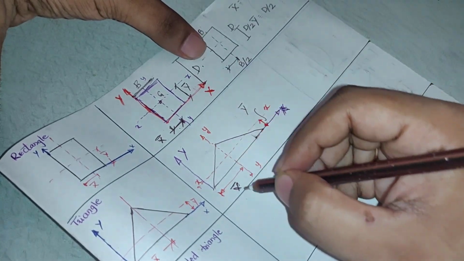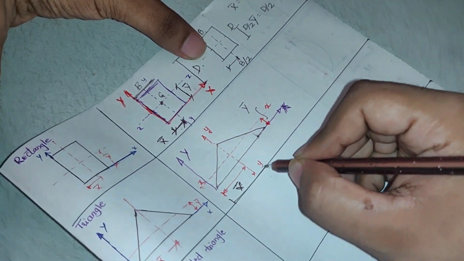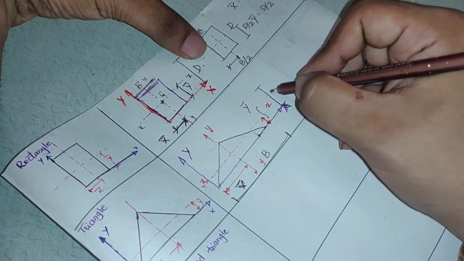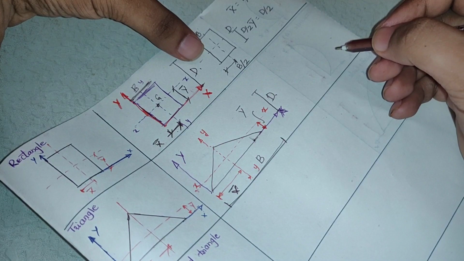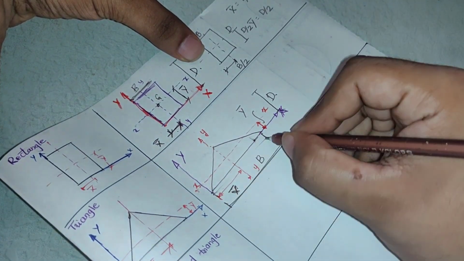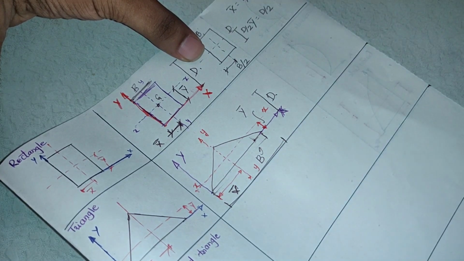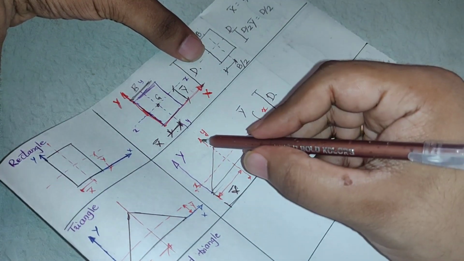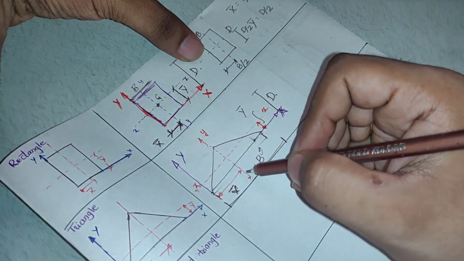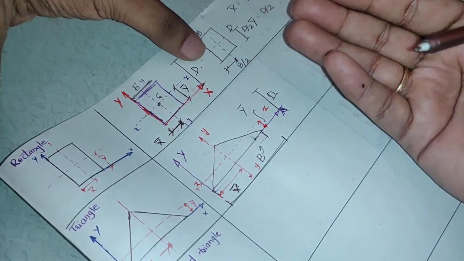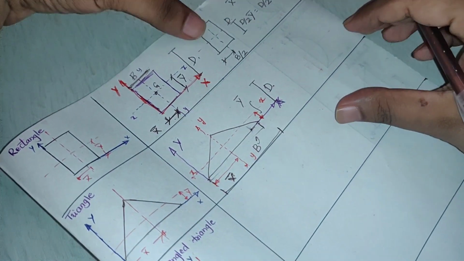So if I consider this total width as b and this height as d, these are mirror images, meaning if I cut this exactly into half about the y-axis, the area on the left hand side and the area on the right hand side is divided equally.